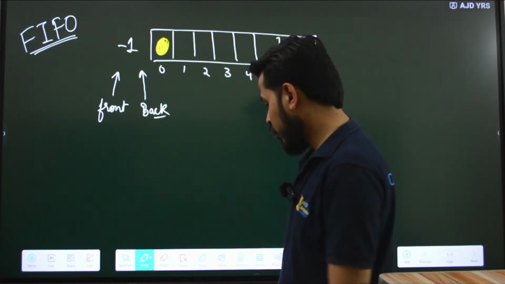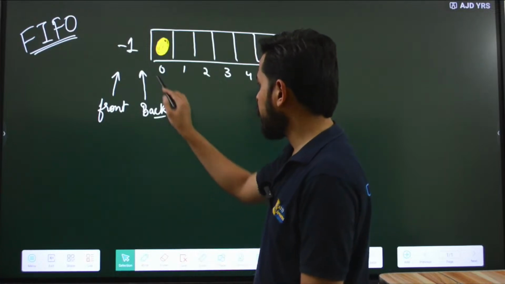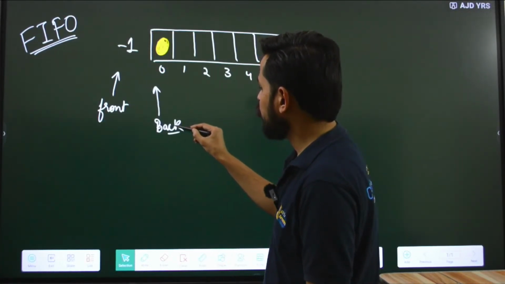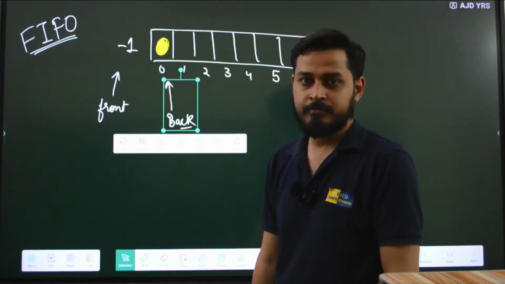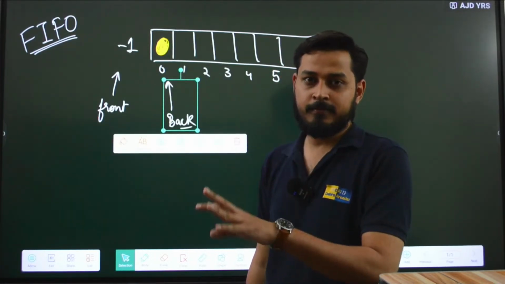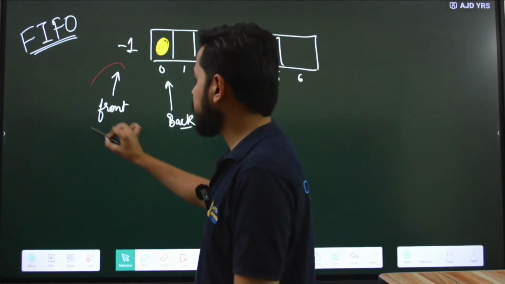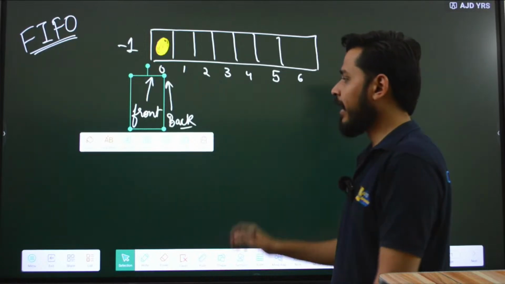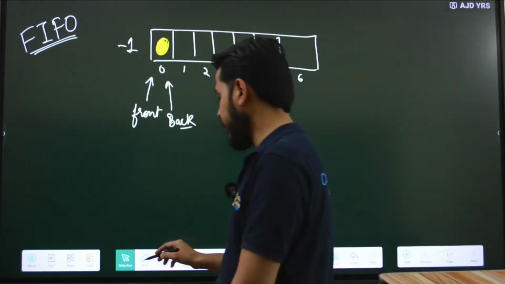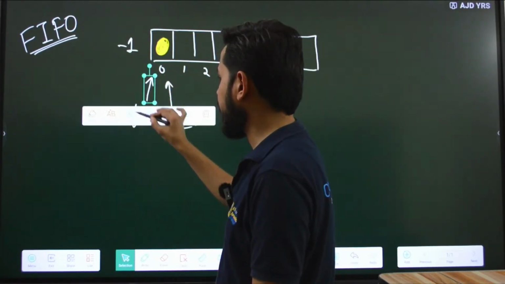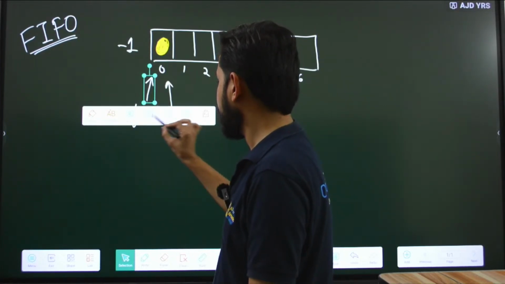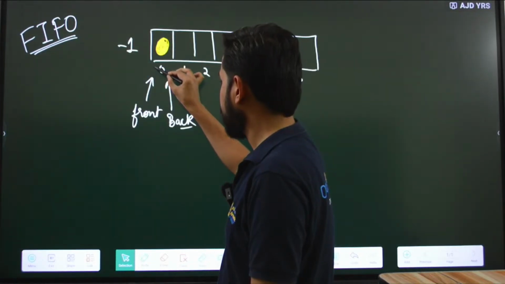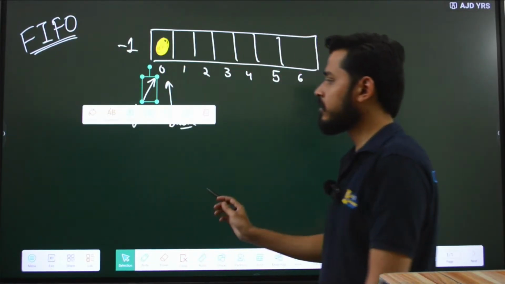So basically I say back, you move by 1, so back plus plus, and then front you also move for the first time right here. So both the back and front are in the same place.